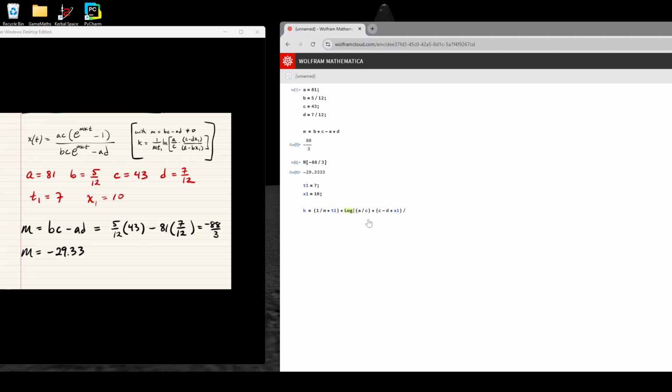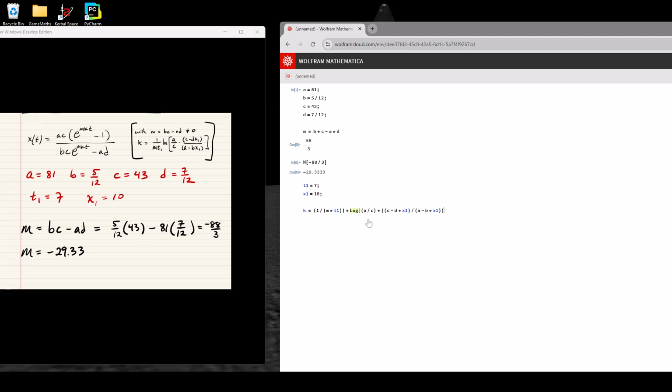And then I want to divide that. I want to make sure I'm doing this right. I don't think I need these parentheses, but it just helps. Let me confirm that I'm typing it in right. I need a minus b times x1 in the denominator, and all that's multiplied by the a over c. All of that's inside the ln. All of that's multiplied by 1 over m t1. I want to make sure that both of those are in the denominator. So that looks good.